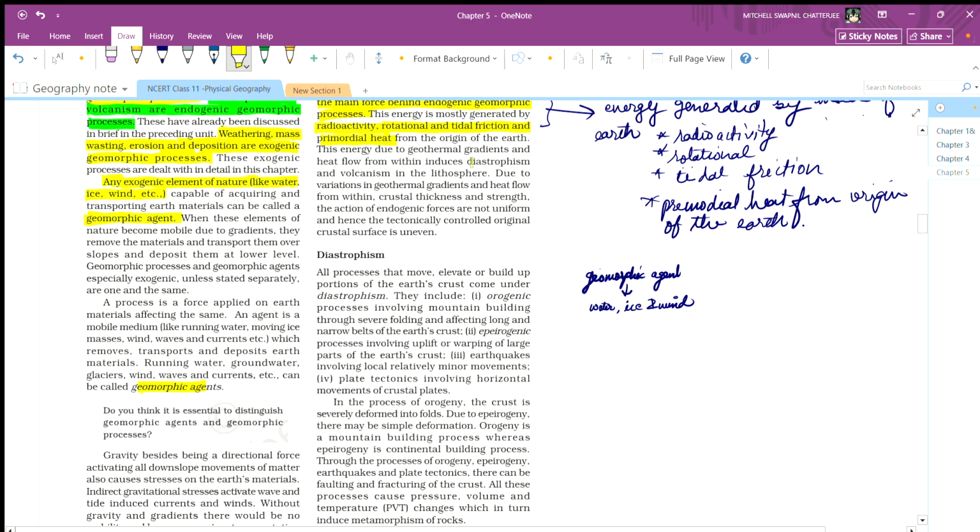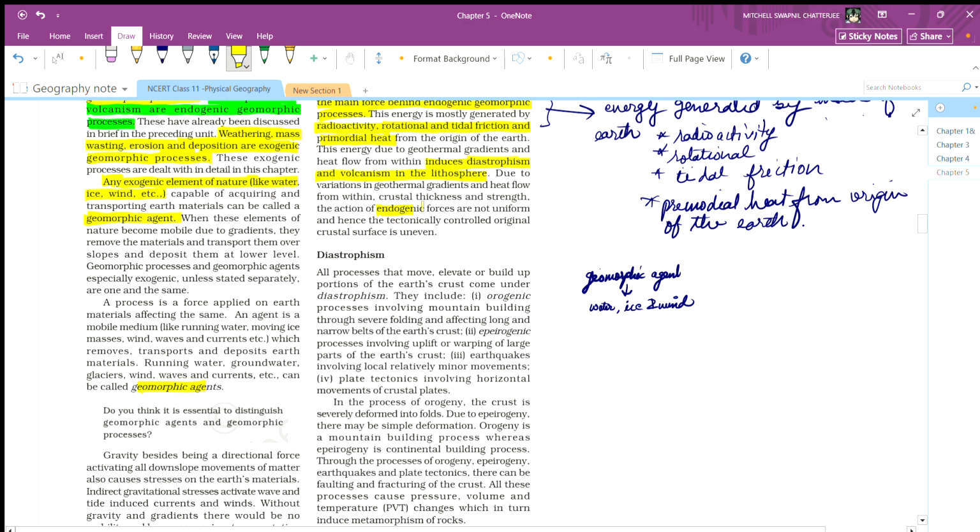Due to variation in geothermal gradient and heat flow from within, crustal thickness and strength, and the action of endogenic forces are not uniform, so the tectonically controlled original crustal surface is uneven. Why are the tectonic plates uneven?